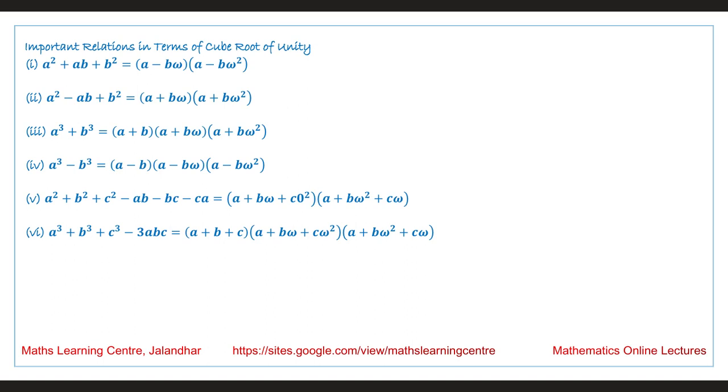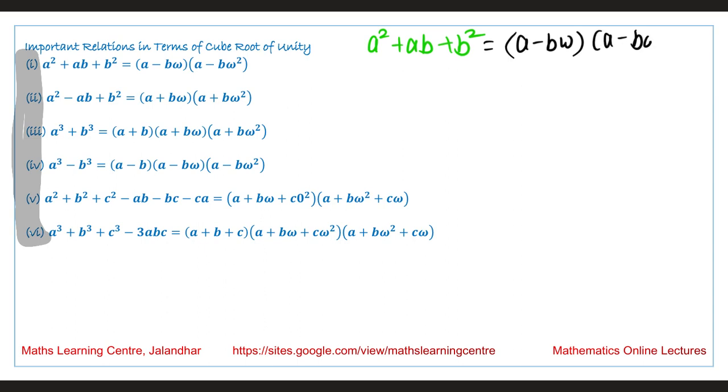Next, if we have to solve equations, we should remember these formulas. First, if we have the expression a square plus ab plus b square, the formula for this is a minus b omega into a minus b omega square.